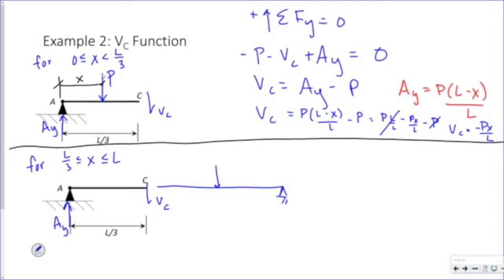If I look at the second scenario where my load P is somewhere past that point C, do sum of the forces in the y direction is 0.